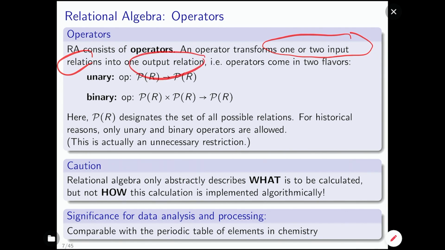That's it. So a function operating on relations. Maybe one or two input relations, but the output will always be one relation. Yeah? That's this thing here. So this expression, this power set, designates the set of all possible relations. For historical reasons, only unary and binary operators are allowed.